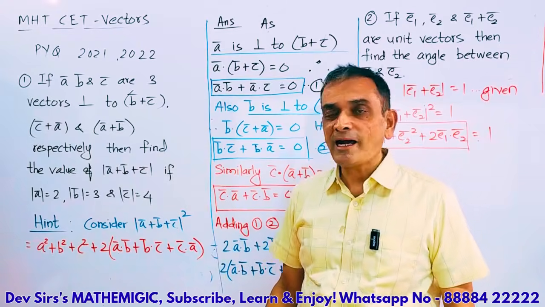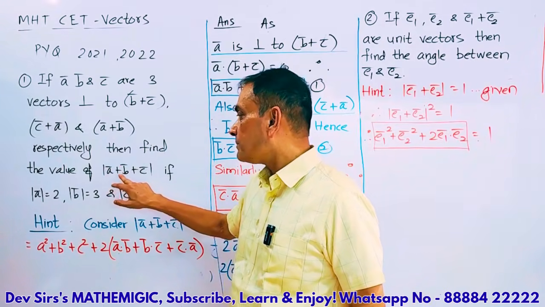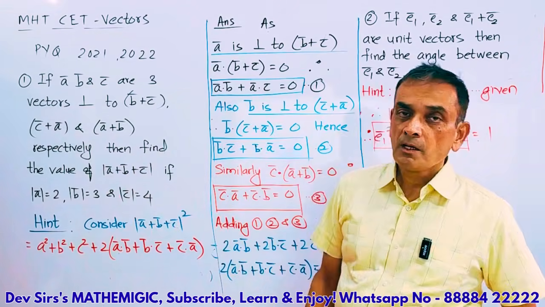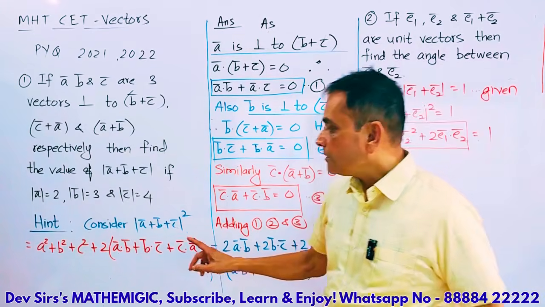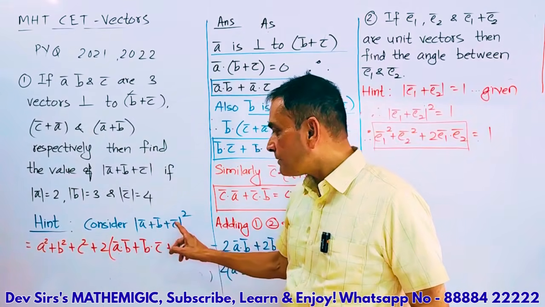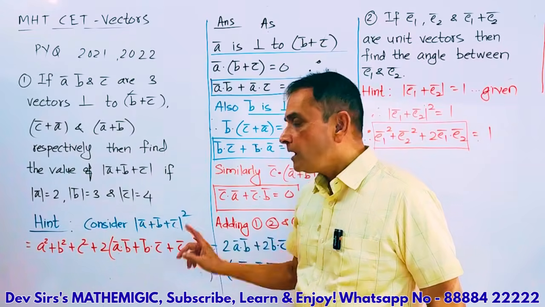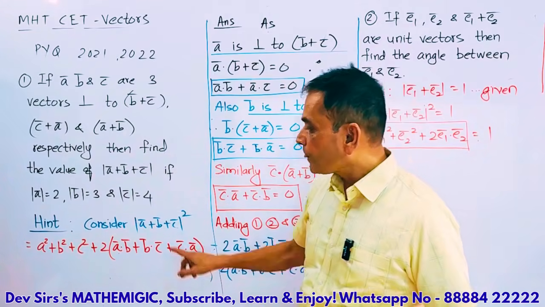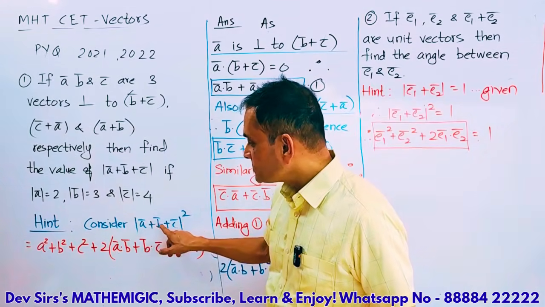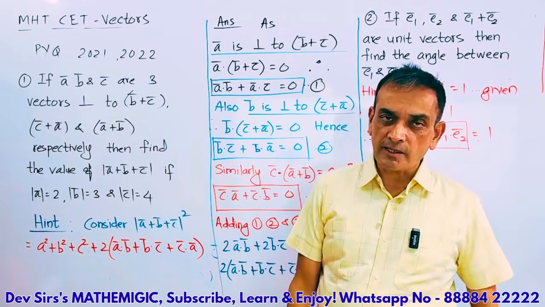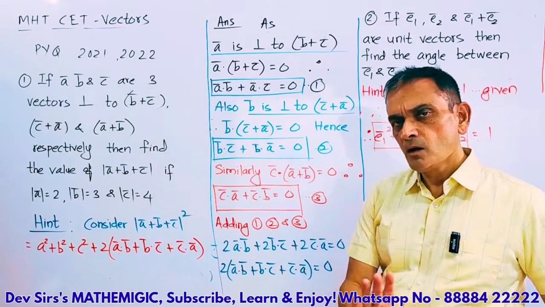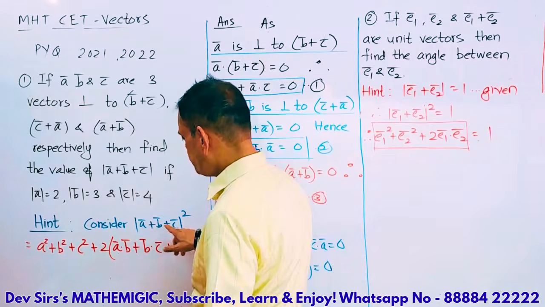There is no formula direct for magnitude of A bar plus B bar plus C bar. There is a formula for magnitude of A bar plus B bar plus C bar squared, and also one formula for magnitude of A bar plus B bar squared. That is in the next sum. Let us first see this formula.